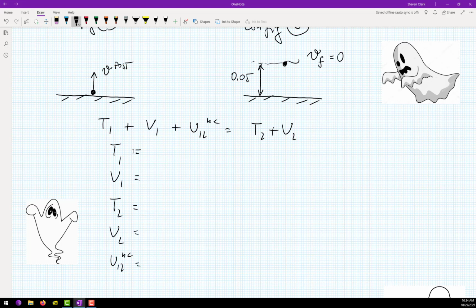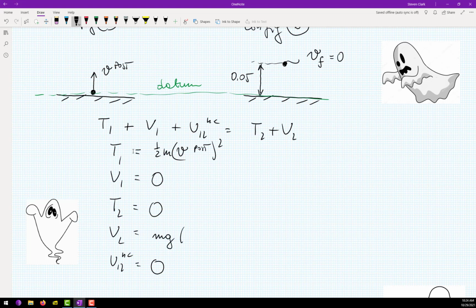Okay. No dissipation of energy in that moment. It's 0 here. Velocity is 0 at the end. At the beginning, we have some velocity. Datum will be here, of course. So we have 0 energy at the beginning and some energy accumulated at the end, 0.05.